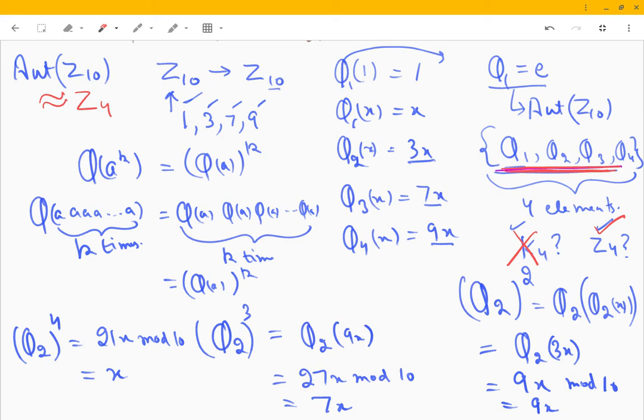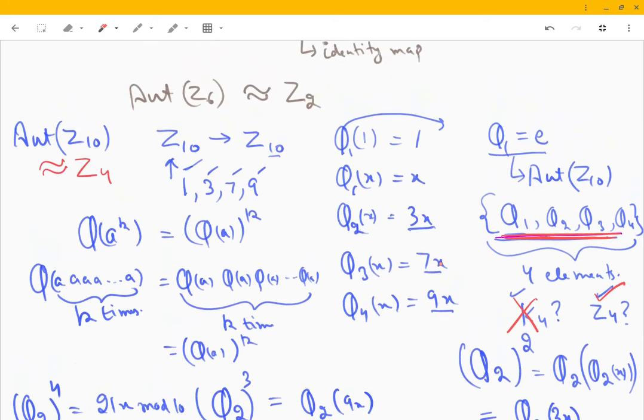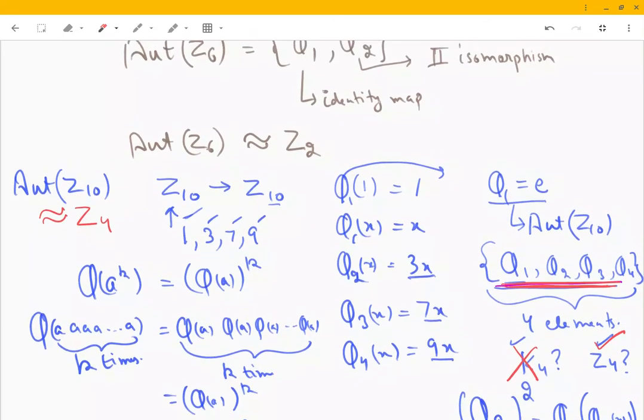In a similar way, let me conclude one thing right here. See, how are we forming this? We are looking at the generators of the group, right? Here also we looked at the generators of Z6, which were 1 and 5.